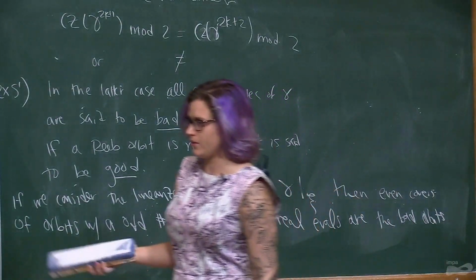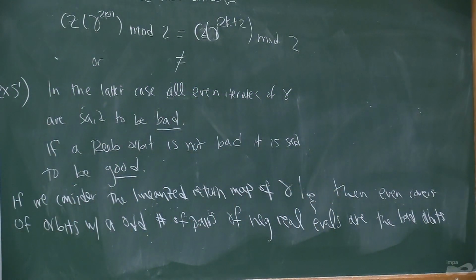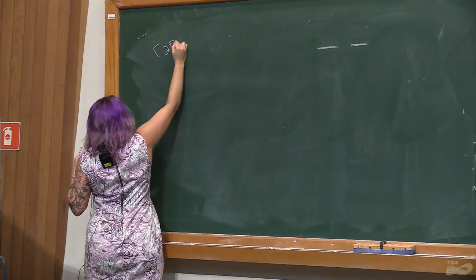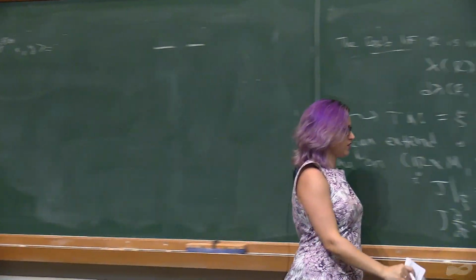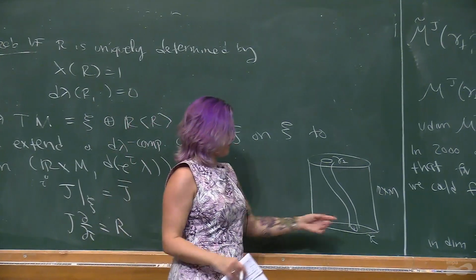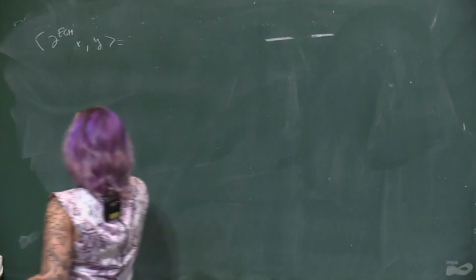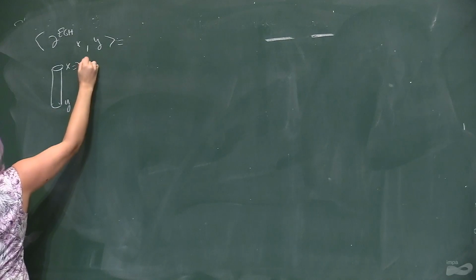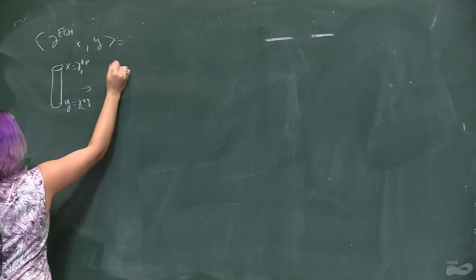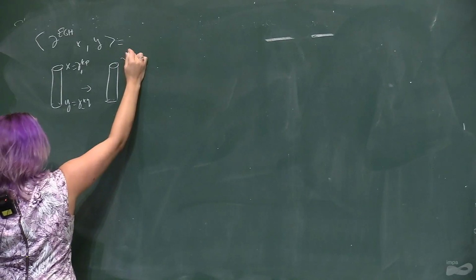Okay. And now I can tell you what the differential is supposed to be. There are two ways to define the differential. One way allows you to look at the multiplicity of the top of your cylinder, and the other way will encode the multiplicity of the bottom of your cylinder. So here's my cylinder, x, y. This could be a k-fold cover of a somewhere injective cylinder.